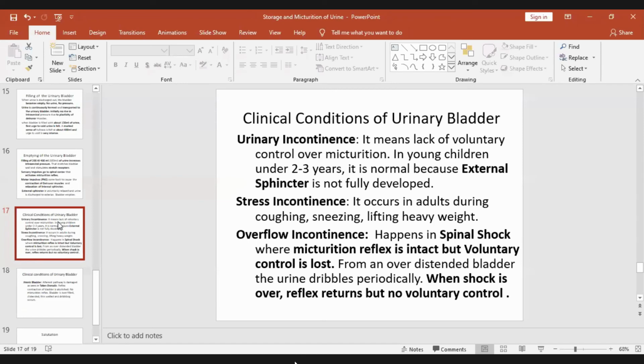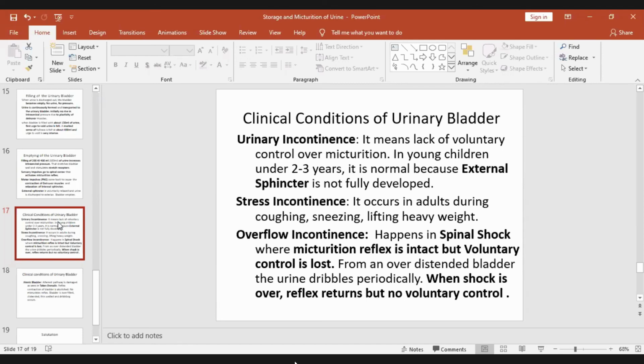That is the voluntary control. That is, the nerves are not myelinated to that level. So for 2-3 years this goes on. After 3 years, the child becomes aware of when the urinary bladder is full, and therefore they will ask their mother or father to take them to the toilet.